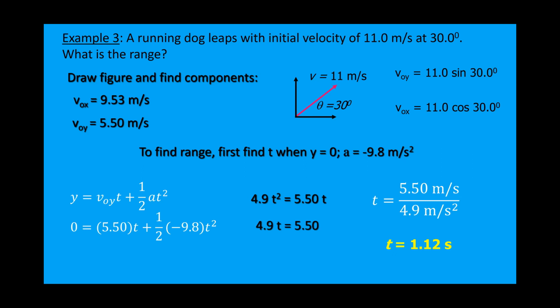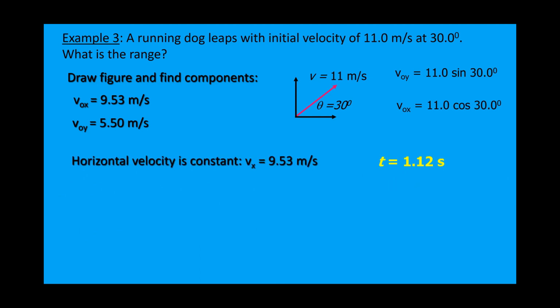Okay, good. If I use that second kinematics equation, the same one that we used for the last step, but now I know the time, and instead of using the vertical velocity, I use the horizontal velocity, it would tell me the range. The key is to recognize that the acceleration horizontally is 0. So that whole 1/2 AT squared is just going to cancel out because there's no horizontal acceleration.